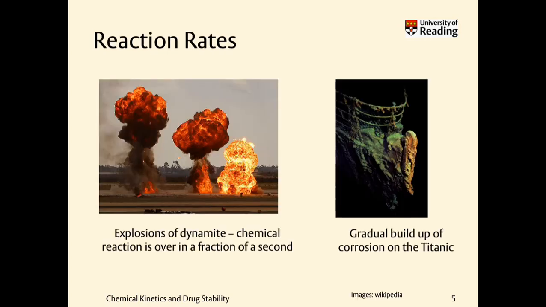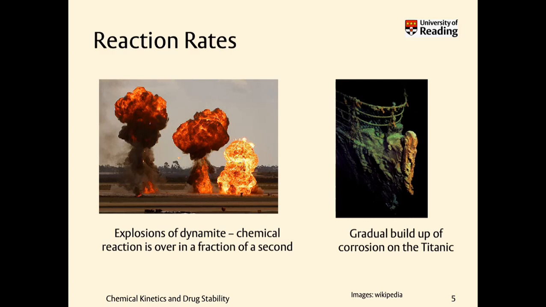Here are a few examples of two extremes. Here we have the explosion. This is an extremely fast chemical reaction, and it's completely over in a fraction of a second. It's so fast, which leads to that explosive response.